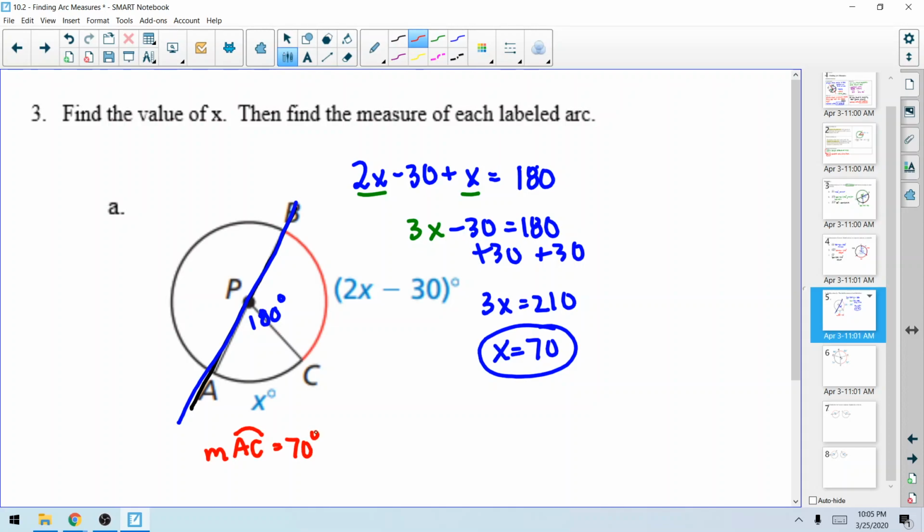And then we can do 2 times 70 minus 30. So 140 minus 30 is 110. So the measure of BC is 110. And when you add those together, 110 and 70, you better get 180, which you do.